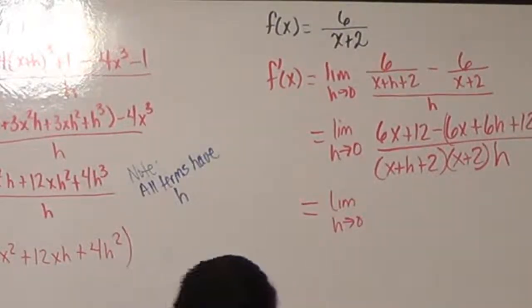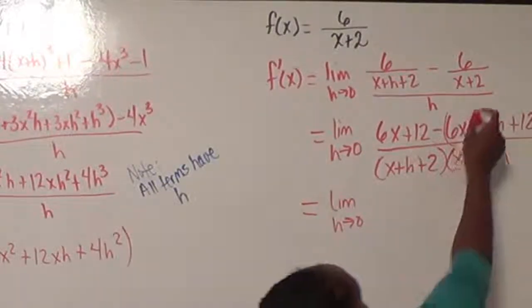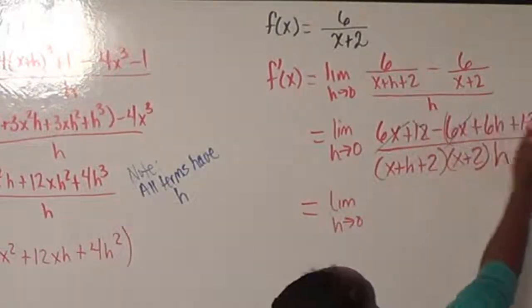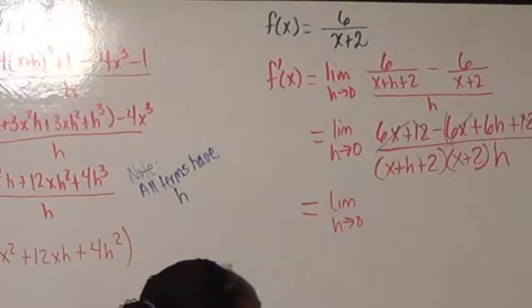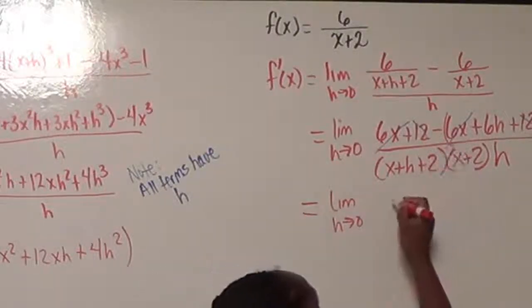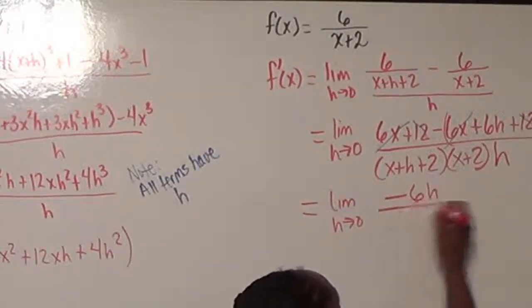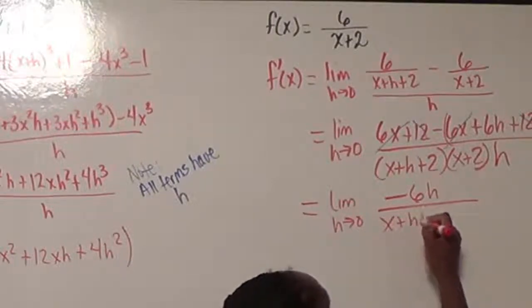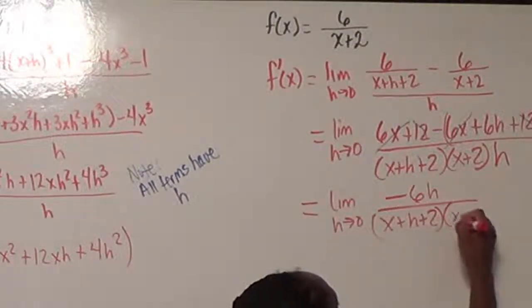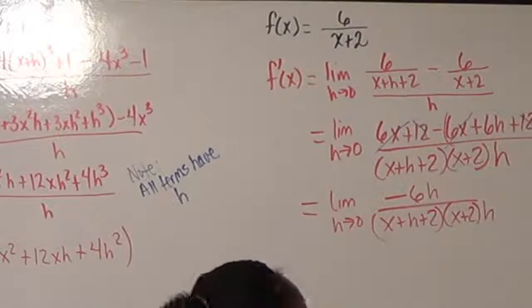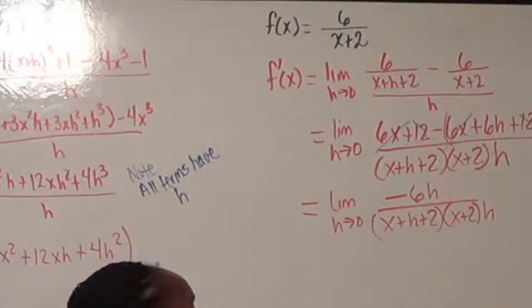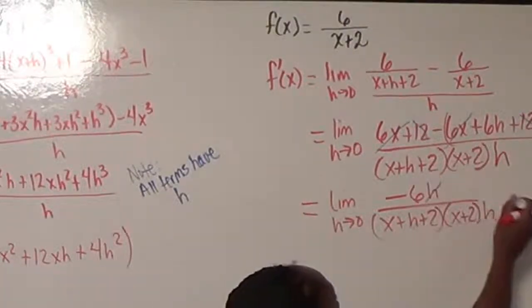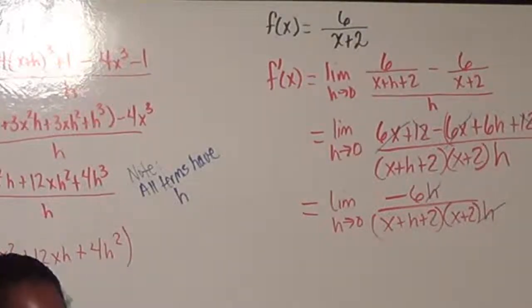So my 6x's will cancel out, and notice my 12's will also cancel out, so don't forget to distribute that minus sign. So we'll get a minus 6h over an x plus h plus 2, x plus 2 times h. And again, you'll notice I have h in every term, and so those h's will cancel out.